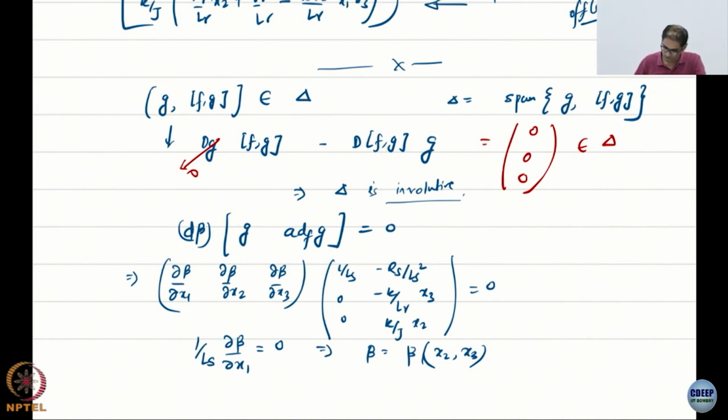What do I get from the second and third now? You see that del beta del x1 is already 0, so when I expand this one, I do not have to worry about this term.